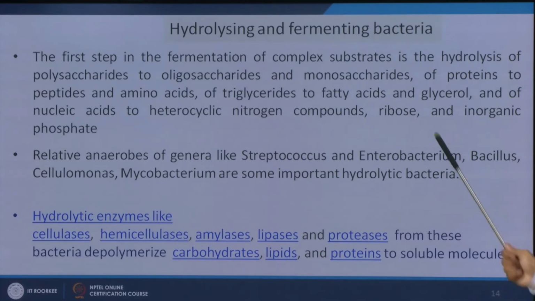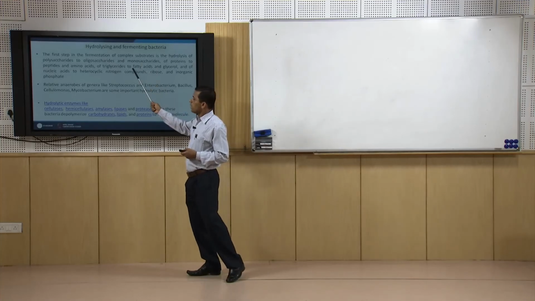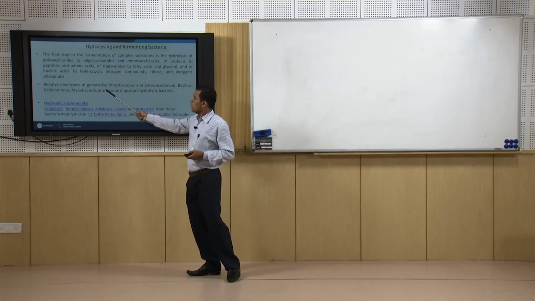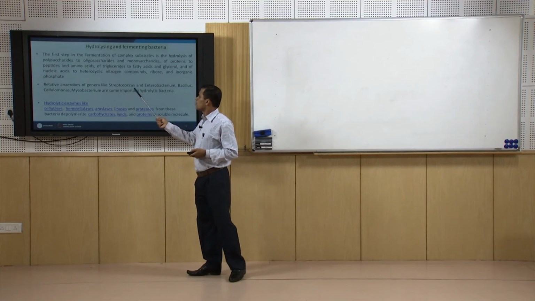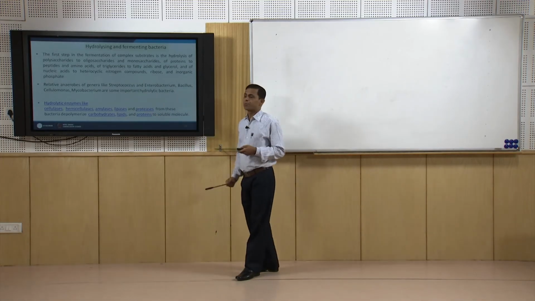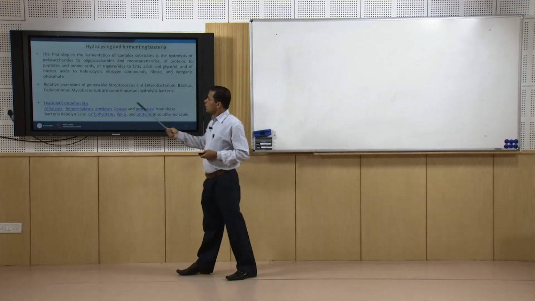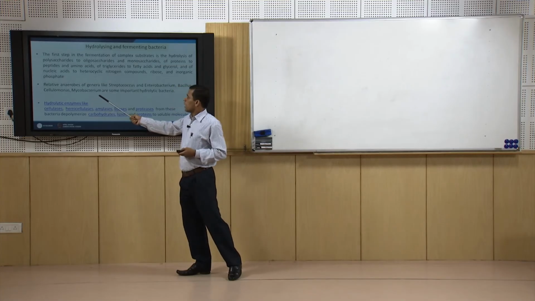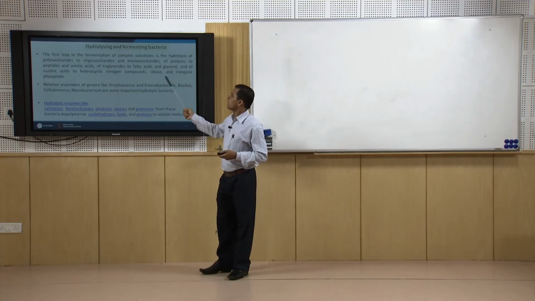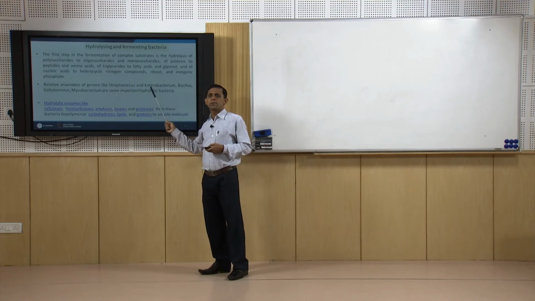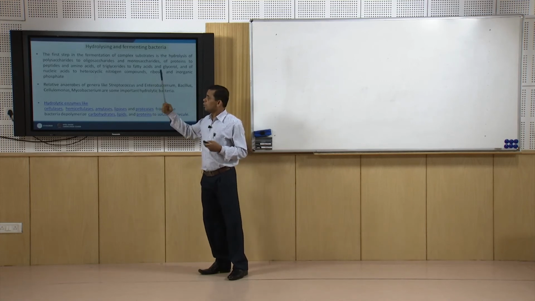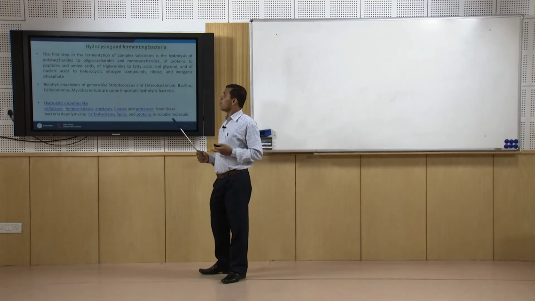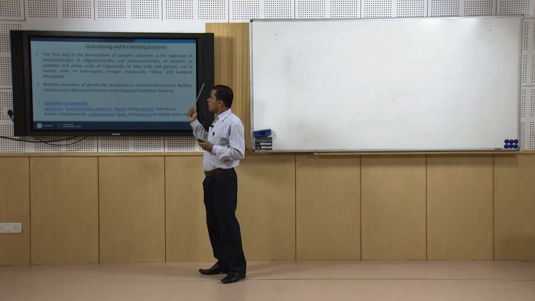So, this is the first step conversion, and we will see the relative anaerobes of genera like Streptococcus and Enterobacterium, Bacillus, Cellulomonas and Mycobacterium, which are some important hydrolytic bacteria that can hydrolyze complex organic compounds.